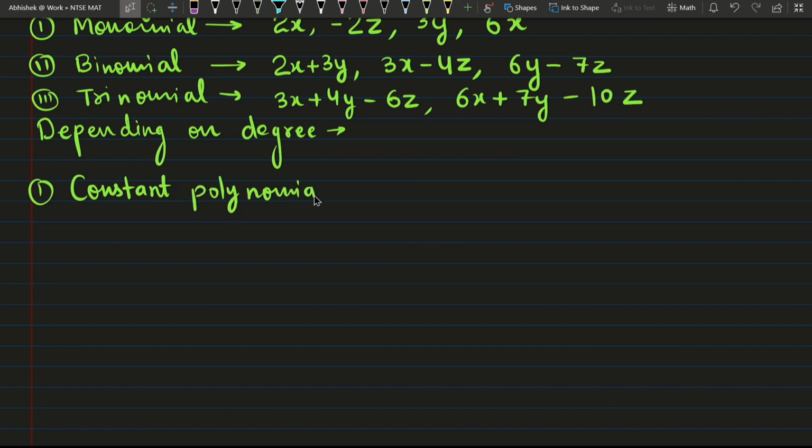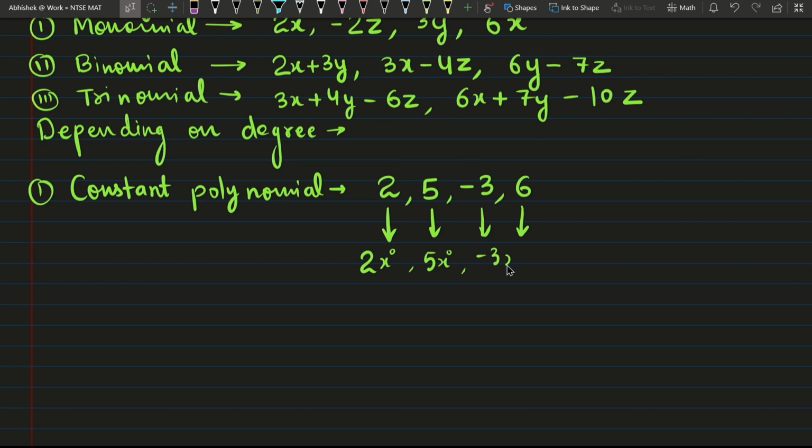Whenever we have any constant value, like 2, 5, minus 3, 6, all these values we can write as minus 3 x to the power 0 and 6 x to the power 0. So here the degree of the polynomial is 0. That's why we can say this entire polynomial is constant.